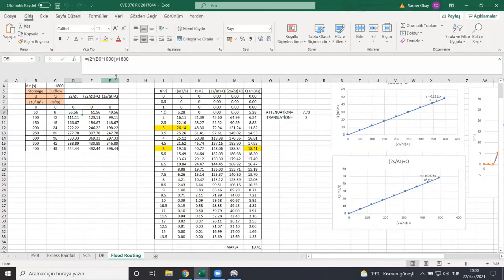But what happened here? There is something wrong. Let me check. Okay, there is nothing wrong. I just forgot that these are in terms of, this is not 50 cubic meters. It's 50 times 10 to the power 3 cubic meters.